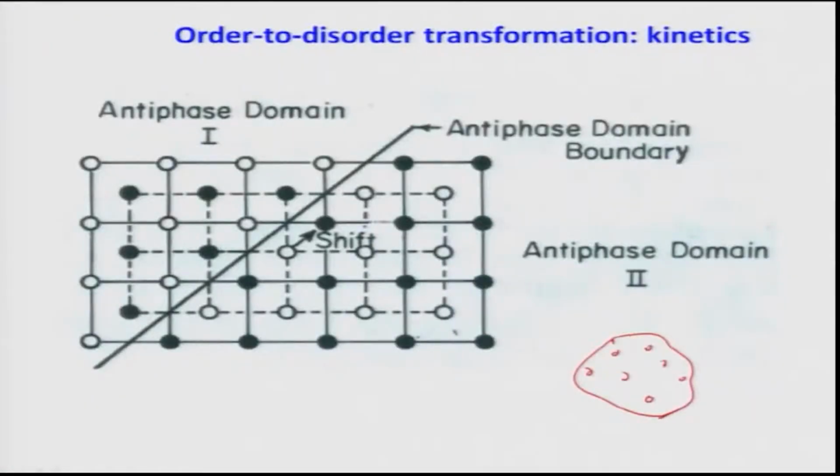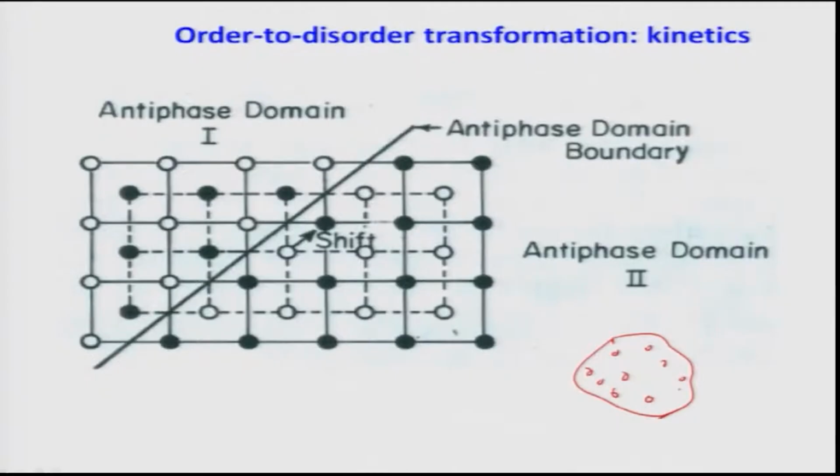So, these are ordered phases which have started nucleating inside a grain. Now once these ordered regions grow from different parts of the grain, they will meet each other. And when they meet, what kind of atomic arrangements will happen? That can be easily explained by looking at these sublattices.